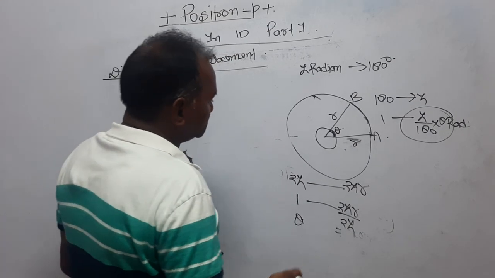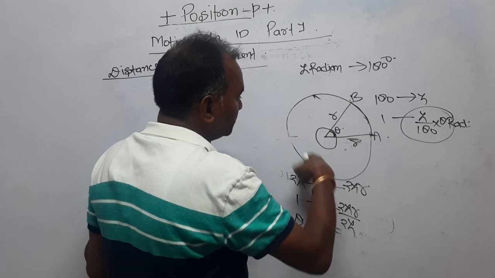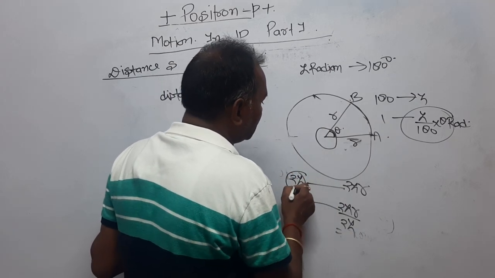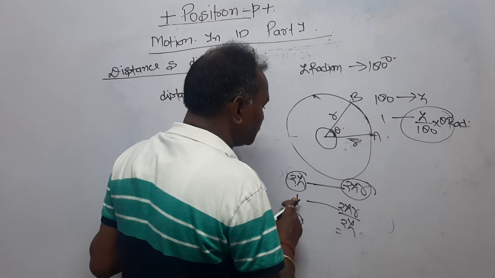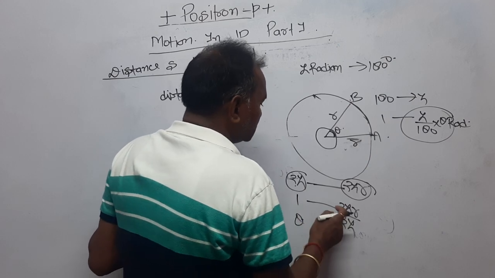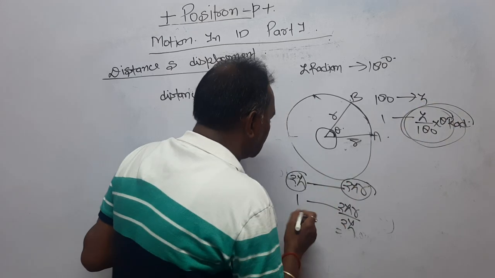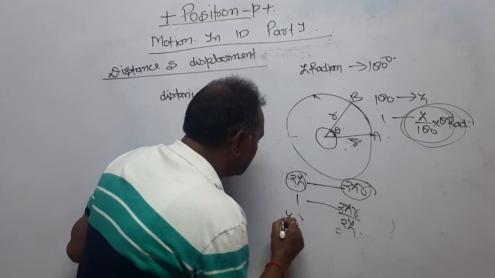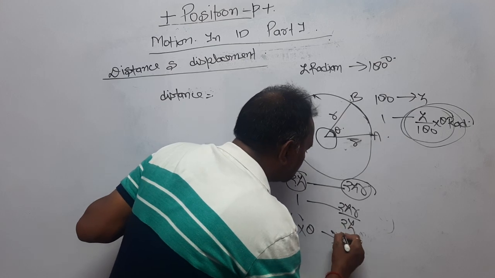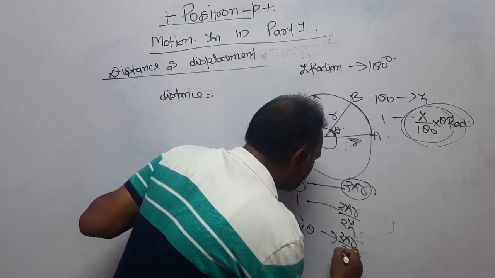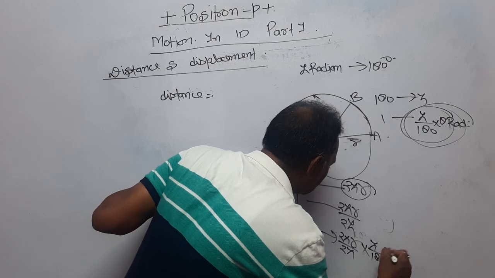So dear students, now applying the same unitary law. In one complete cycle, that is 2 pi angle, it covers this much distance, and for 1 radian that is 2 pi r upon 2 pi, and for that much radian, that is pi upon 180 into theta, that is 2 pi r upon 2 pi into pi by 180 into theta.